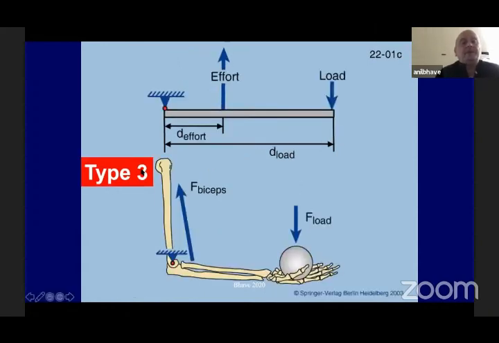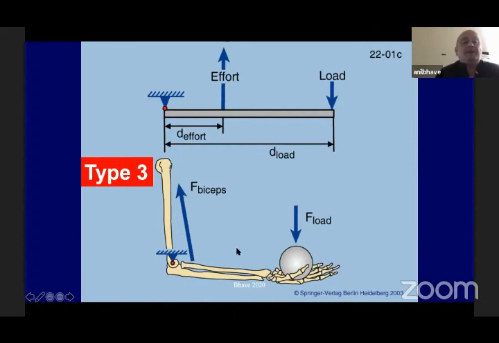And the last one is the most disadvantageous lever, but it also keeps our body slender. The fulcrum is back here, and the force from the biceps is coming very close, but our load arm is much further away. So the biceps has to produce more force than one can imagine, but it keeps our body slender.